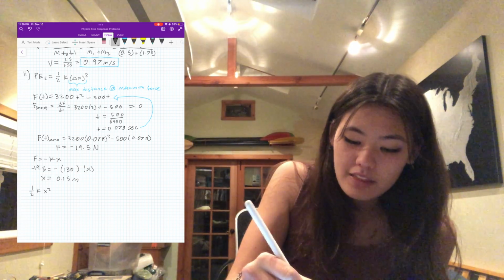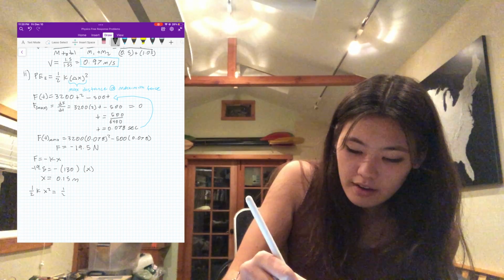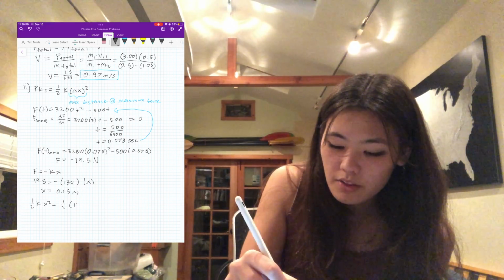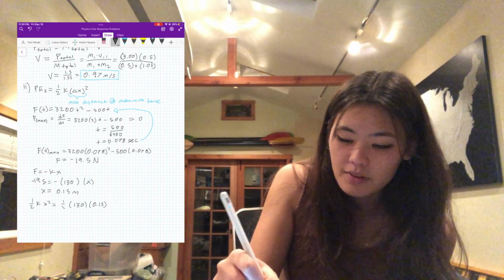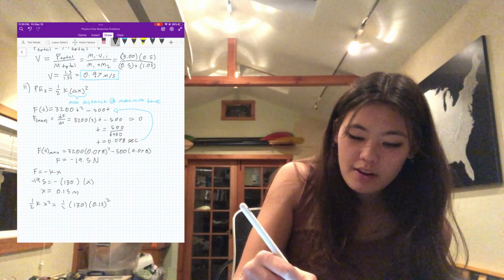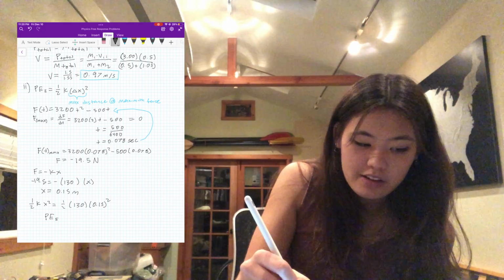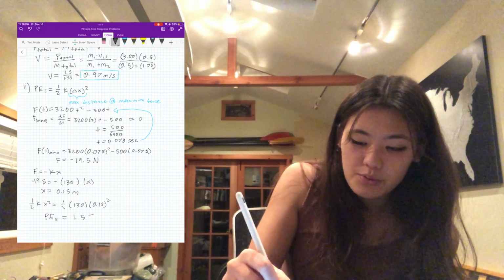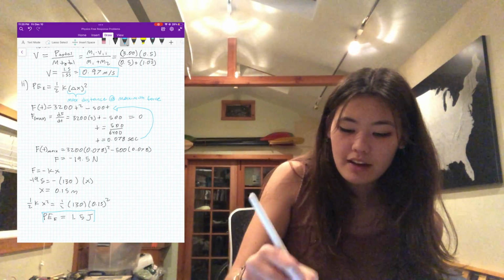So then we can say that this is equal to 1/2 times 130 times 0.15 squared. And then we get that the elastic potential energy is equal to 1.5 joules. And that is our answer for this last problem.